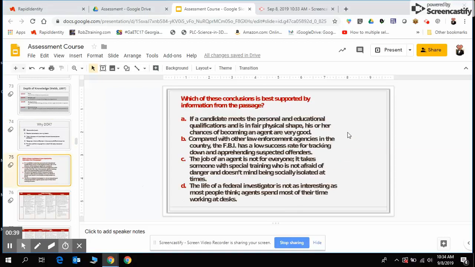Which of these conclusions is best supported by information from the passage? If I gave a question like this, the question is, what kind of depth of knowledge am I actually asking? Is this a high level or a low level depth of knowledge?